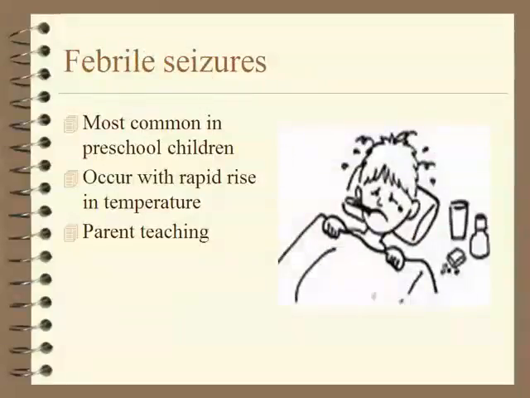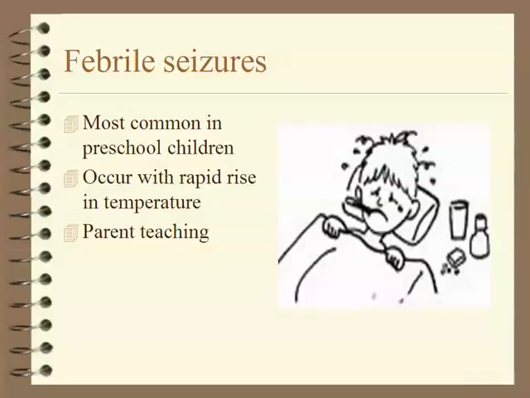And then just some things with febrile seizures. Okay, again, with febrile seizures, typically the age range here could probably be as young as 6 months, up through age 5.